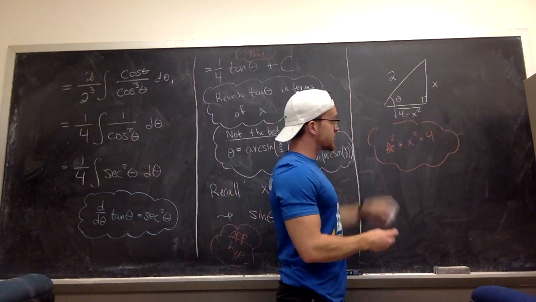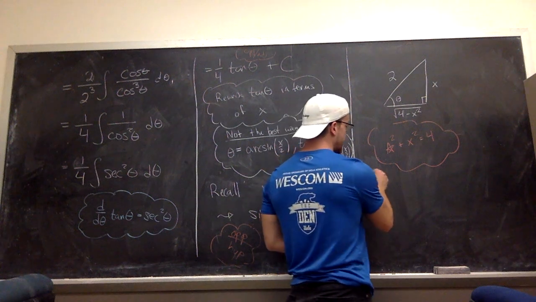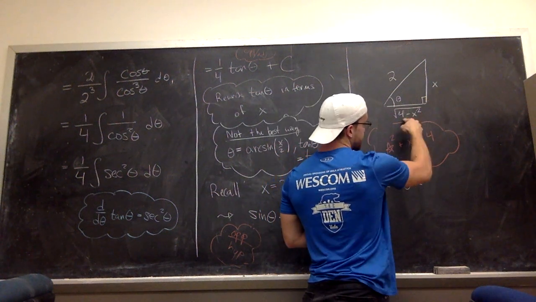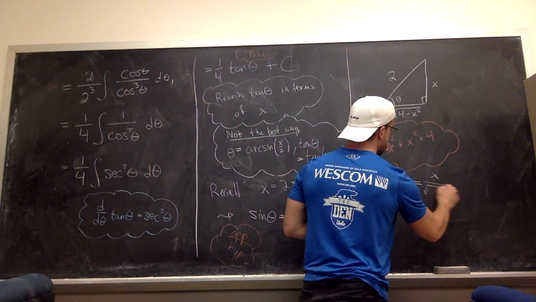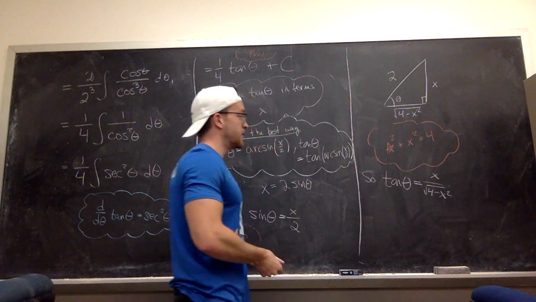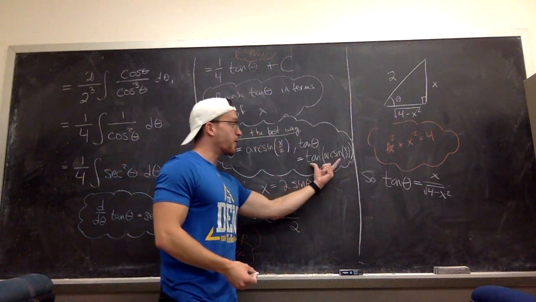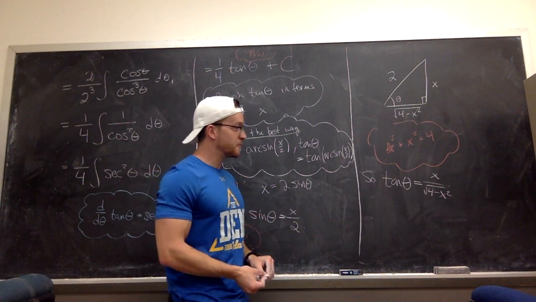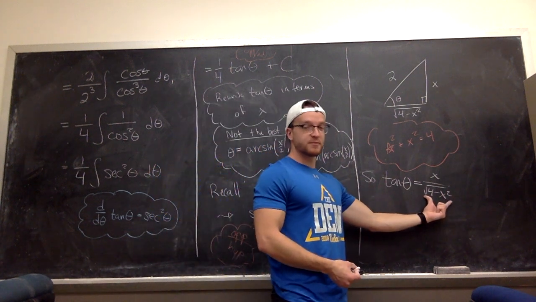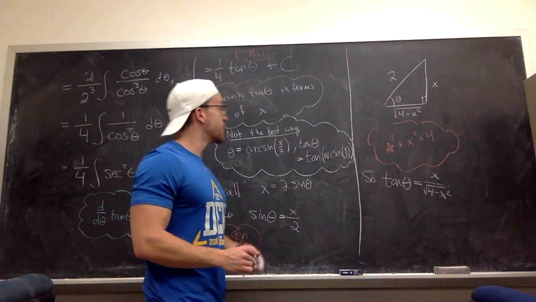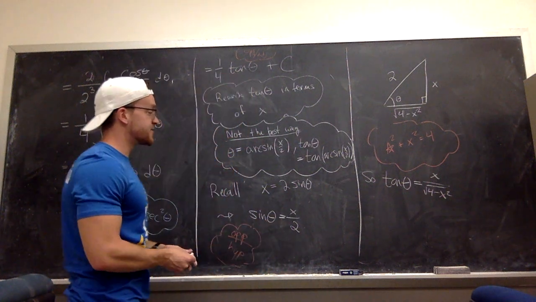Opposite over the adjacent tells me that tangent of theta is x over the square root of 4 minus x squared. And that looks a whole lot nicer than something like tangent of arc sine of x over 2. This is much, much easier to understand. And then we're done, pretty much. Plug back in here, and that's the integral.